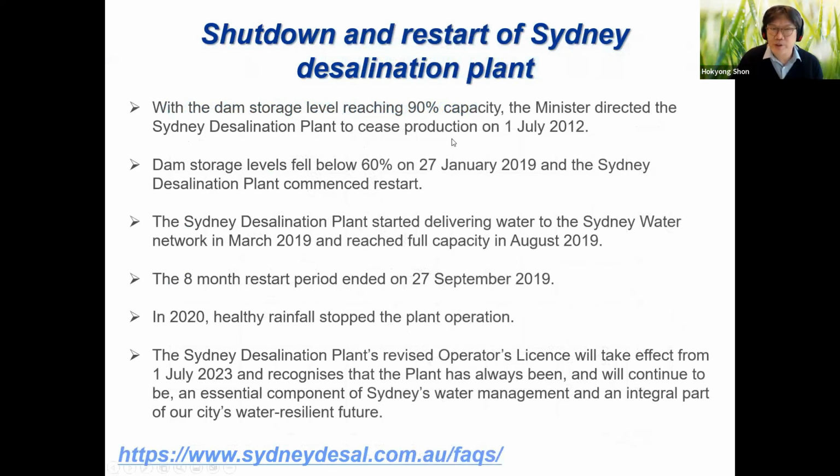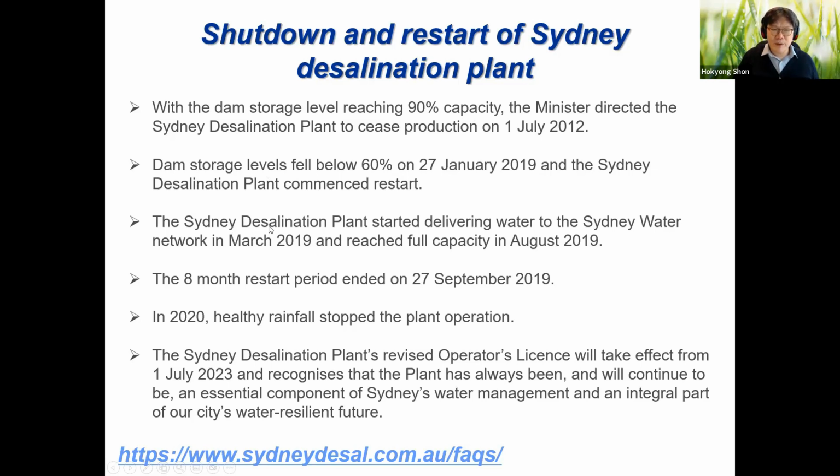discharge. Also, the shutdown and restart of the Sydney desalination plant. Already this is one of the assignment questions. With the dam storage reaching 90%, the minister directed the desalination plant to cease production in July 2012, and when dam storage levels fell below 60% on 27 January, the desalination plant commenced restart.